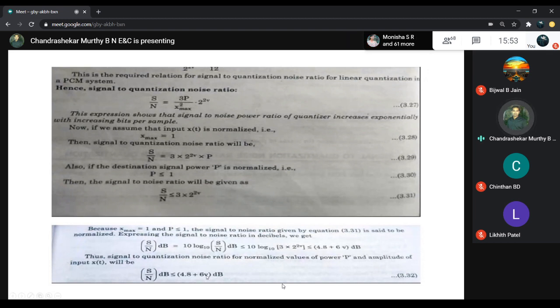If v is 2, then 2 power 2 is 4, so Q is equal to 4. If we consider v equal to 3, Q will be equal to 8. For example, for a given uniform sine wave with v equal to 3, we are taking 8 levels.